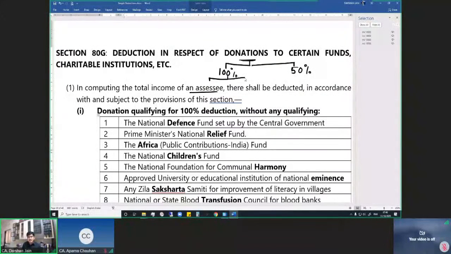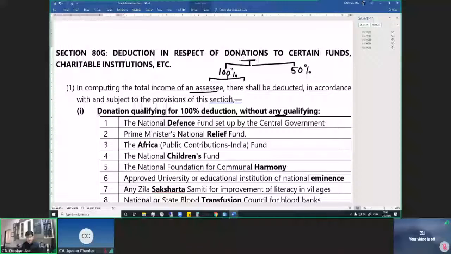Now here this 100% you've got further two subheads. So one, you could give a donation, claim 100% deduction without any qualifying amount. So there is no capping on the amount of donation that you give. Or you give a donation, claim 100% deduction, but within a specific range.